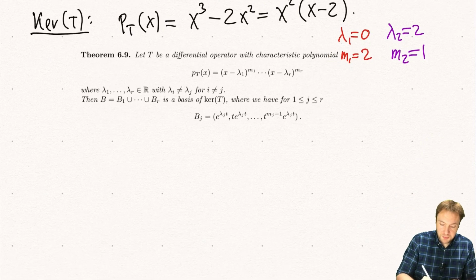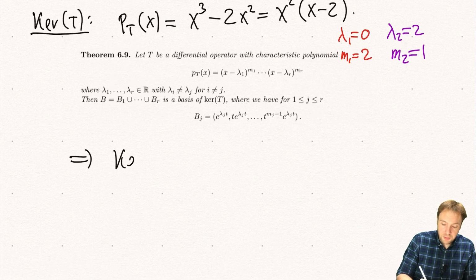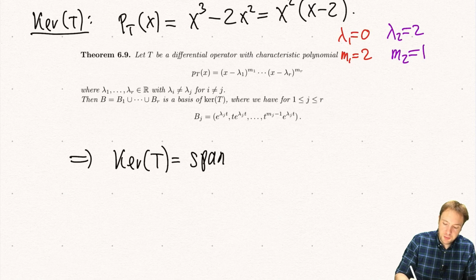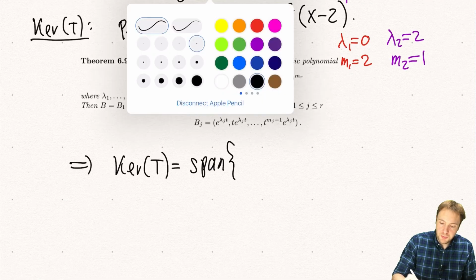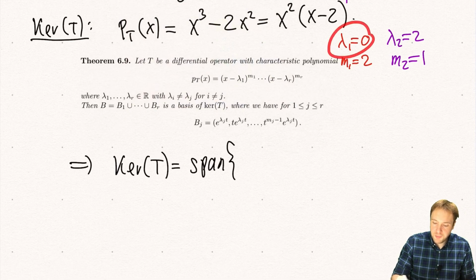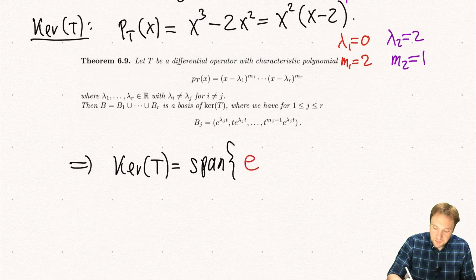And then the statement was that this theorem gives the kernel of T as a span. So from lambda equals 0 and m equals 2, I get e to the 0t and t times e to the 0t.